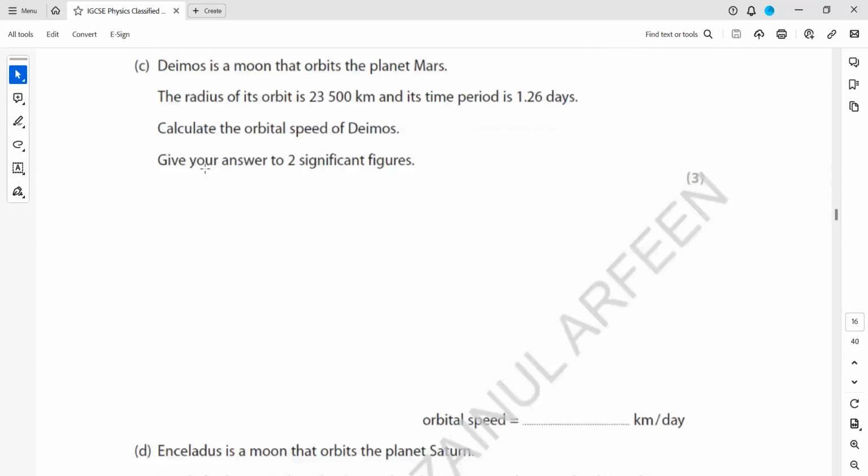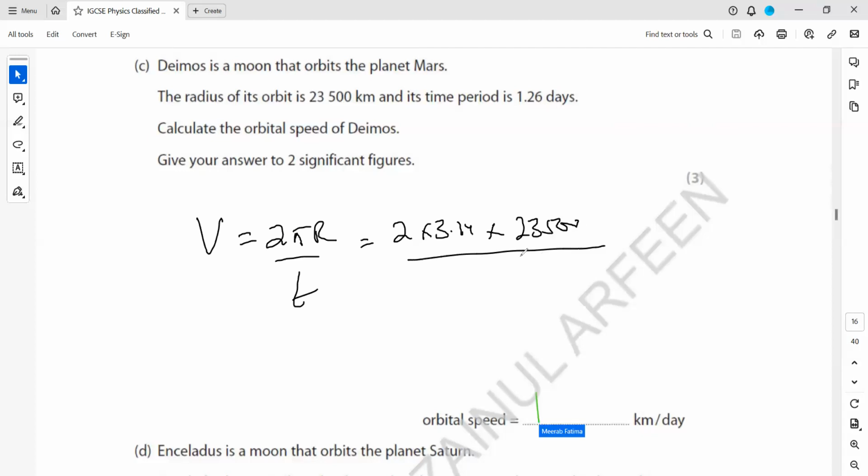This is a moon that orbits the planet Mars. The radius is given as 23,500 kilometers, and the time period is also given. Orbital speed will be 2 pi r divided by t. So 2 into 3.14 into the radius 23,500, divided by 1.26.